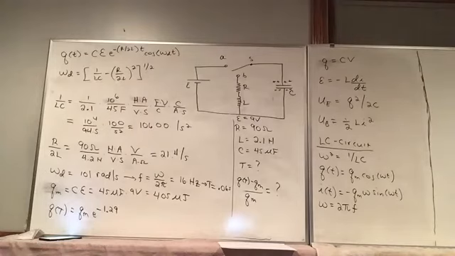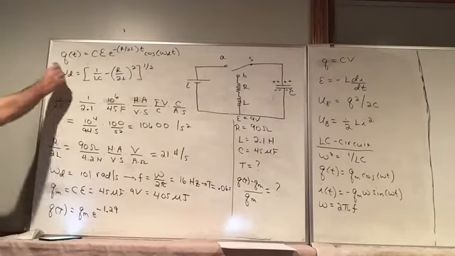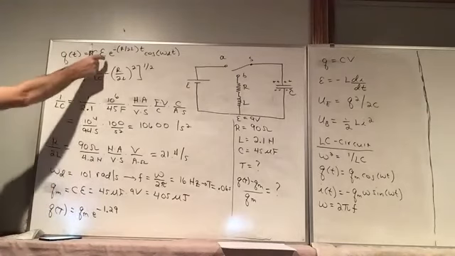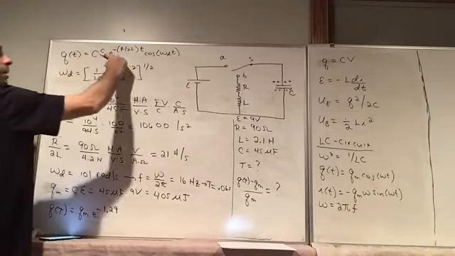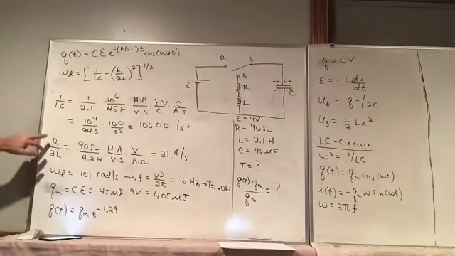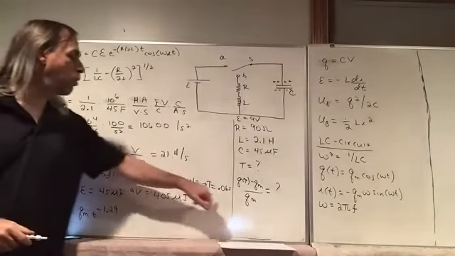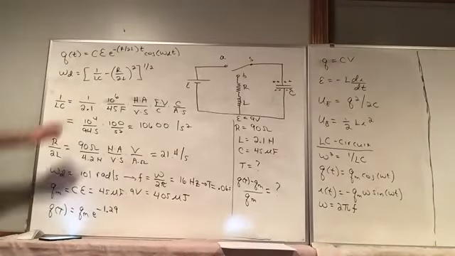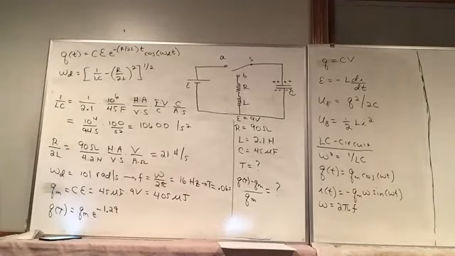So, we have Q(T), we're plugging in one period. We have C epsilon, that's that Q max we calculated. So, we did R over 2L is 21.4 times 0.06. That's about 1.29 with a minus sign in front.